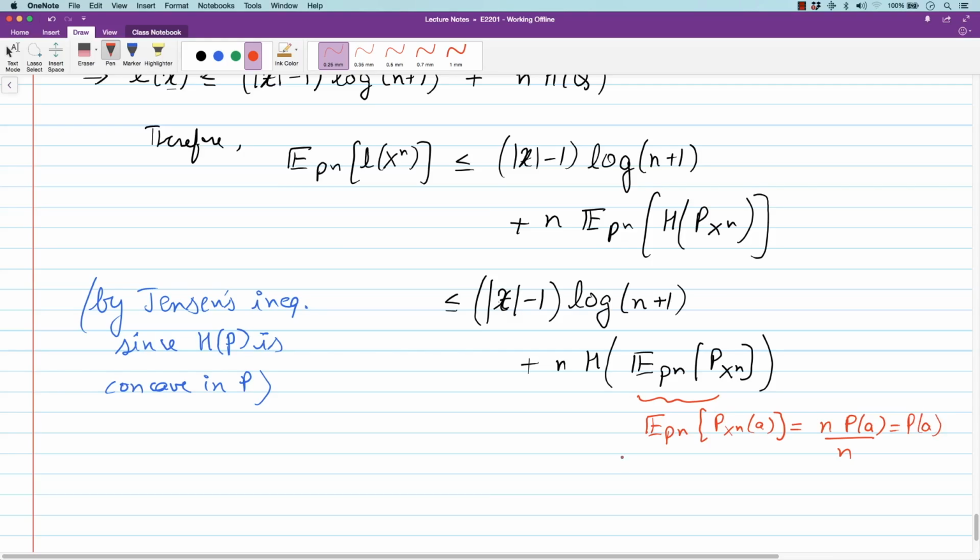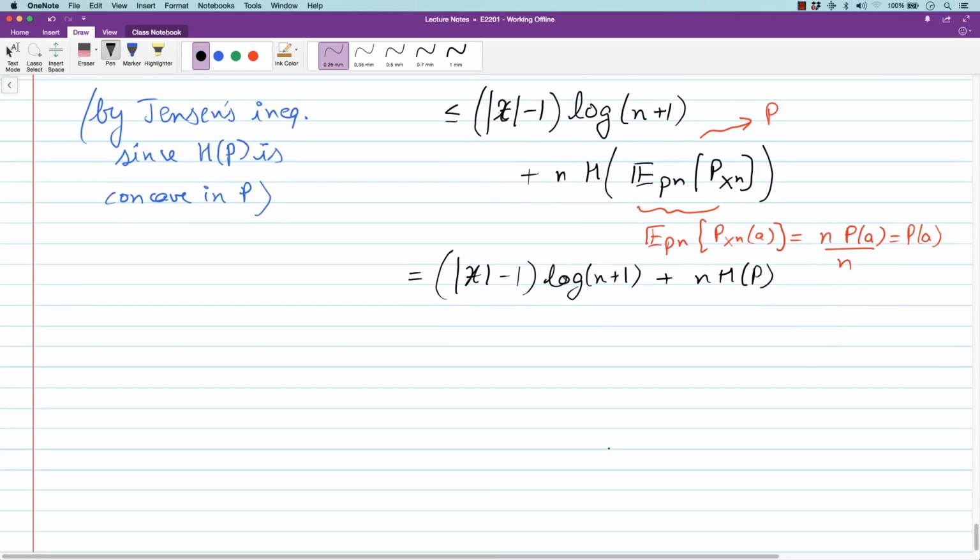So this expected type, this distribution here, is nothing but P itself, the P under which you're computing this. So that's very nice. So this just becomes (cardinality of X minus 1) log(n+1) plus n times H(P), something that we were anyway looking for, so that we can take it on the other side and subtract.